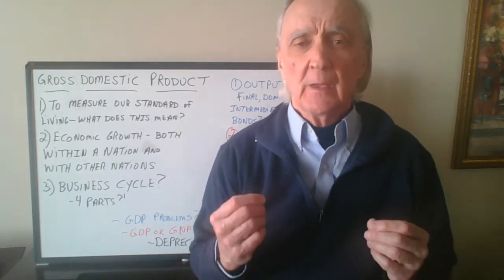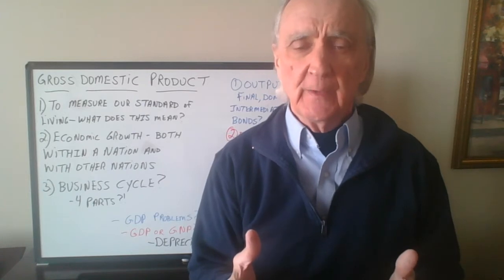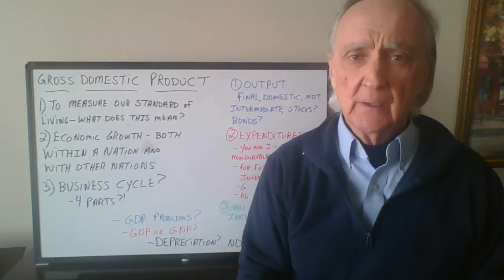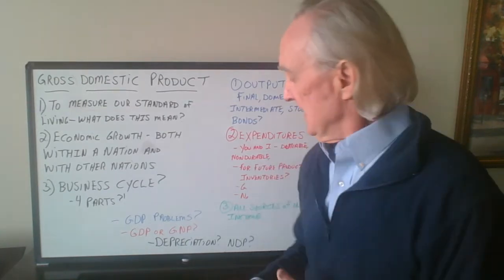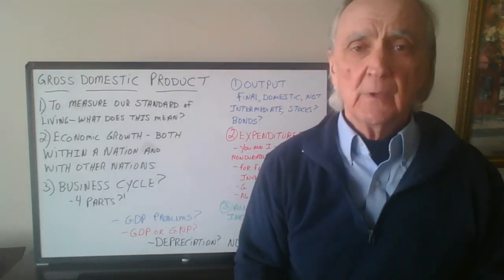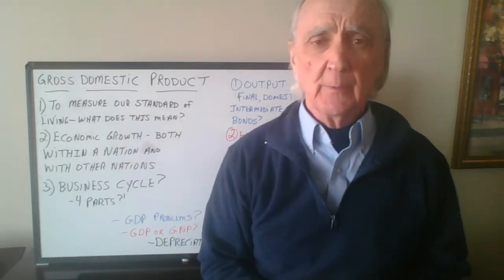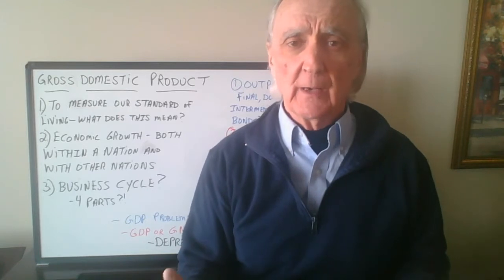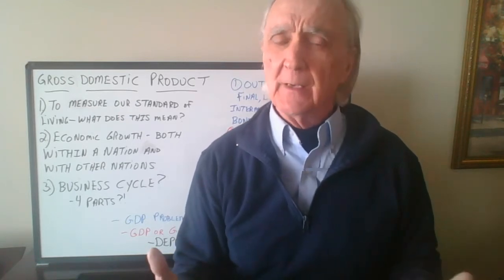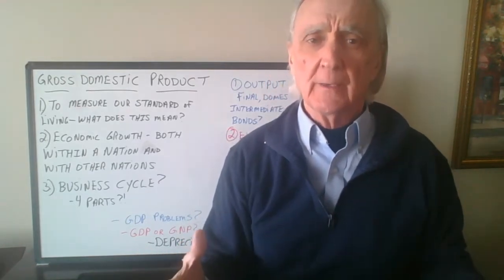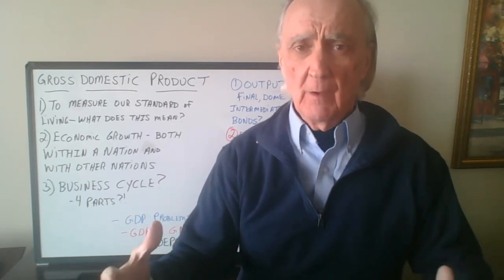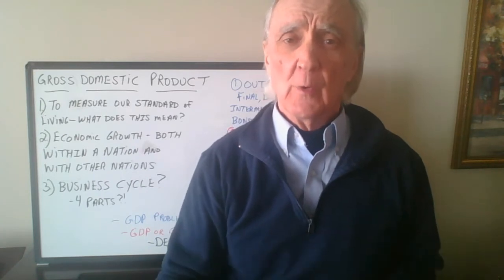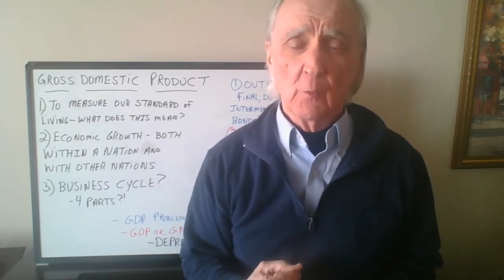Now, if we have that depreciation figure and we subtract it from gross domestic product, we end up with what is called net domestic product. So, for instance, if the economy was doing $23 trillion in gross domestic product this year, and we said, well, okay, yeah, but we had 1 trillion of equipment that's lost its value, so we should subtract that out of the 23.